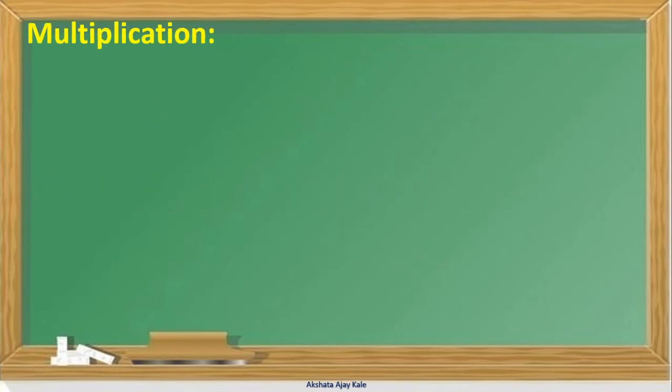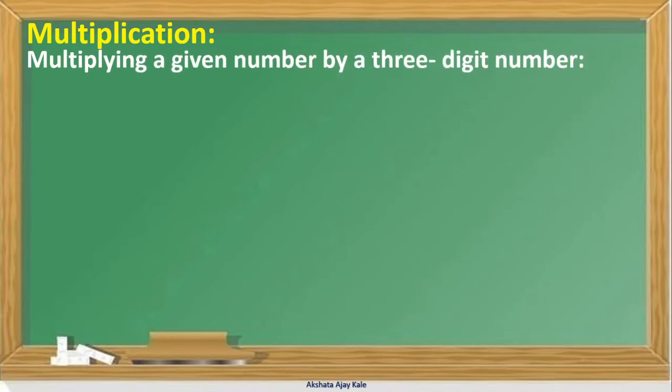Here we will take a 4-digit number multiplied by a 3-digit number. Multiplying a given number by a 3-digit number. See dear children, here 342, right?